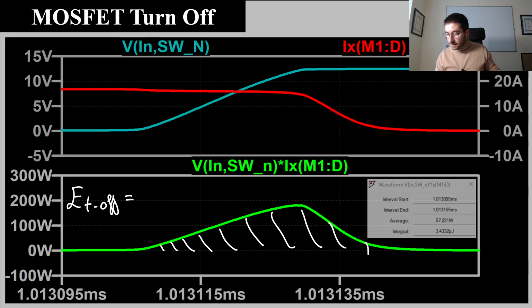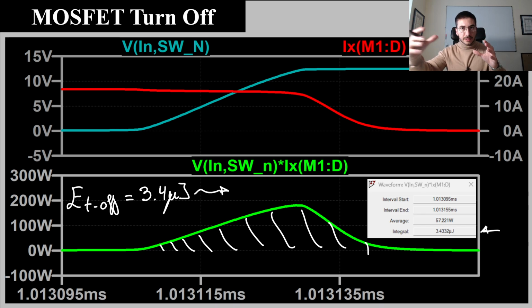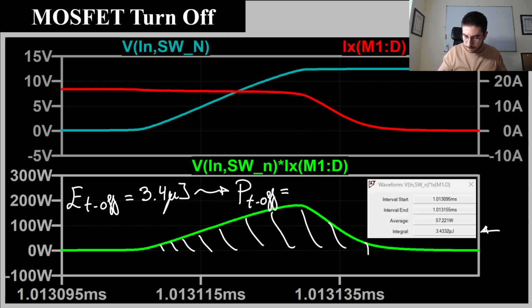In this case it is 3.4 microjoules, and taking into account that the average power consumed during the turn-off is energy divided by the switching period, or multiplied by the switching frequency, we obtain this quantity, 340 milliwatts.